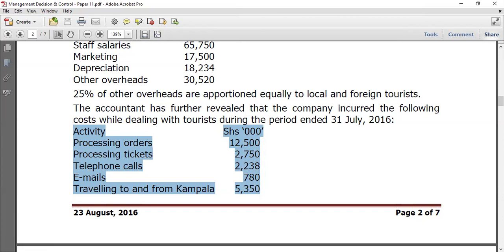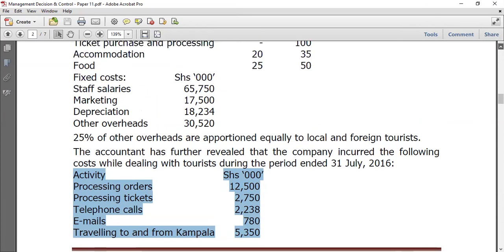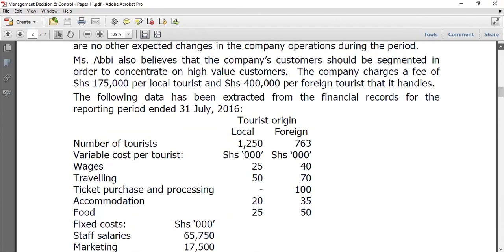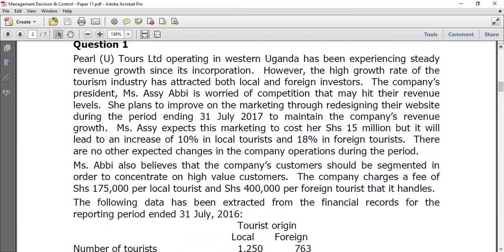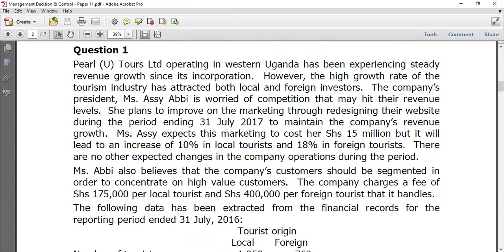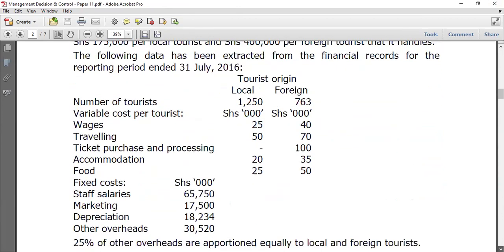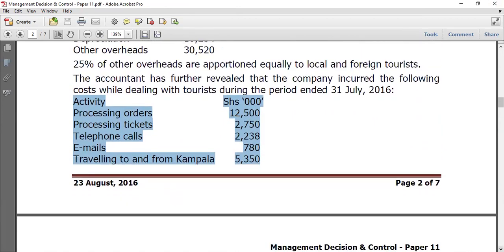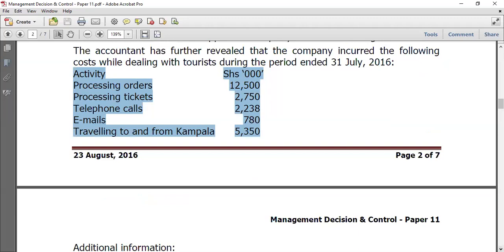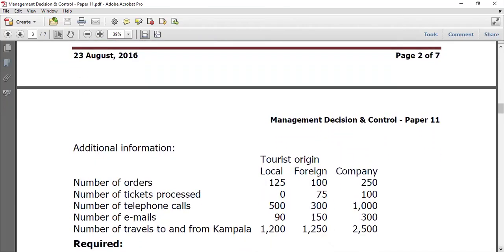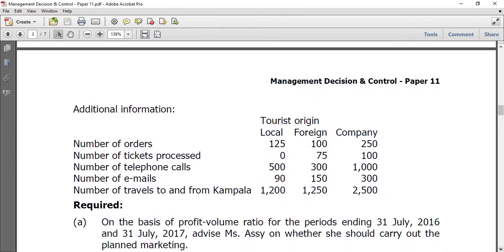But remember, you have two categories of products. And one of the things that this question is also requiring you to do is a customer profitability analysis, okay? So at the end of the day, I think what these guys may want to understand is, of the local and international tourists, which one is more profitable than the other, okay?